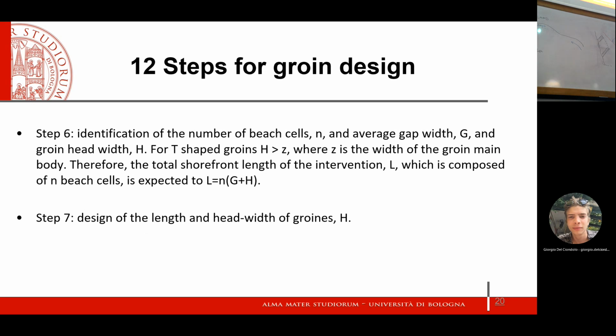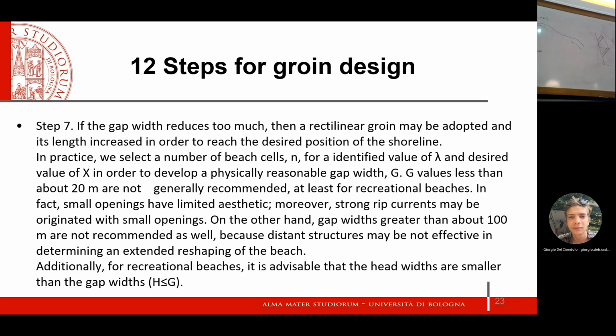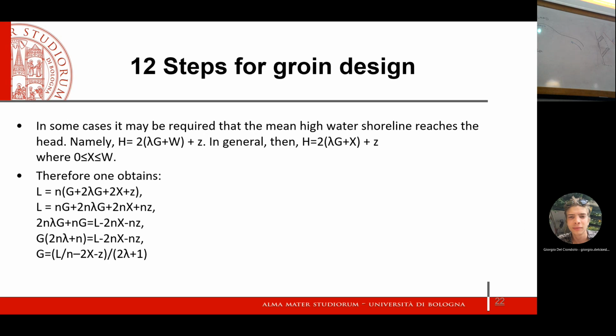We use this relationship, L equal N, which multiplies G plus H. But for H we have 2 lambda G plus X plus Z, and therefore we obtain L equal N, which multiplies G plus H, G plus 2 lambda G plus 2X plus Z. And then if you multiply N by any of the members between parentheses, you obtain the second line.